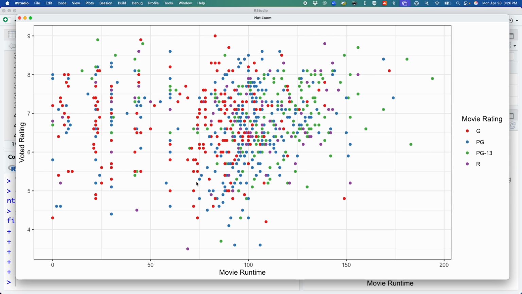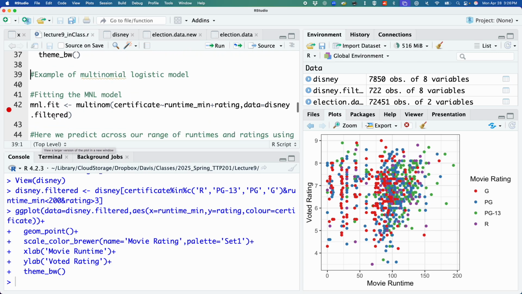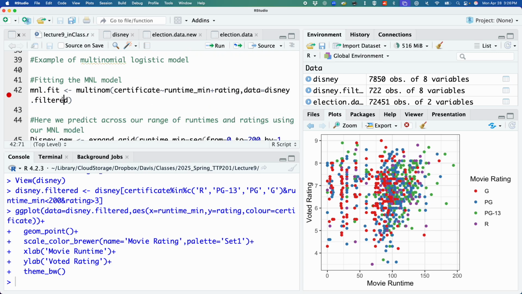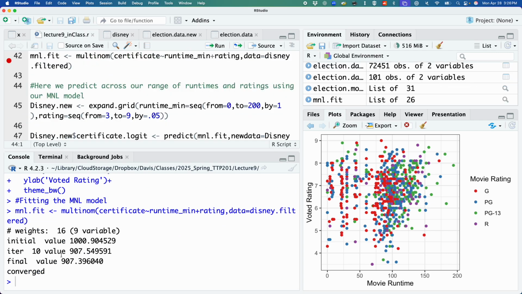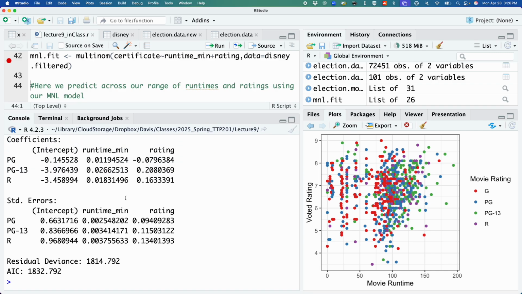Okay, so I can run the multinomial logistic regression, and I can look at a summary of it, and we'll see a whole bunch of stuff here.